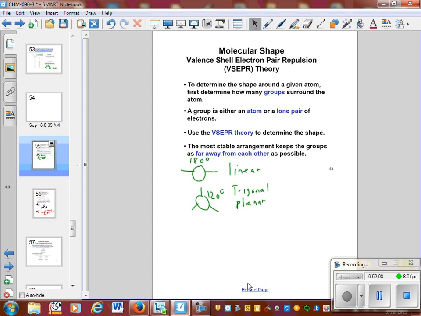Turns out in 3 dimensions, you can put them 109.5 degrees apart. That's how you draw something like this as well.